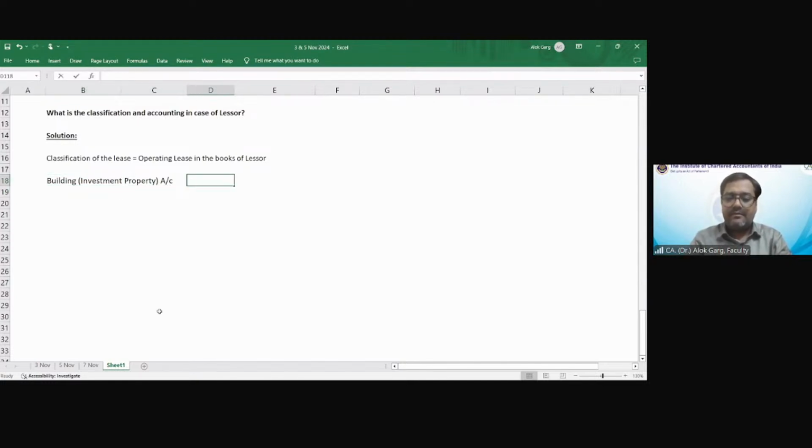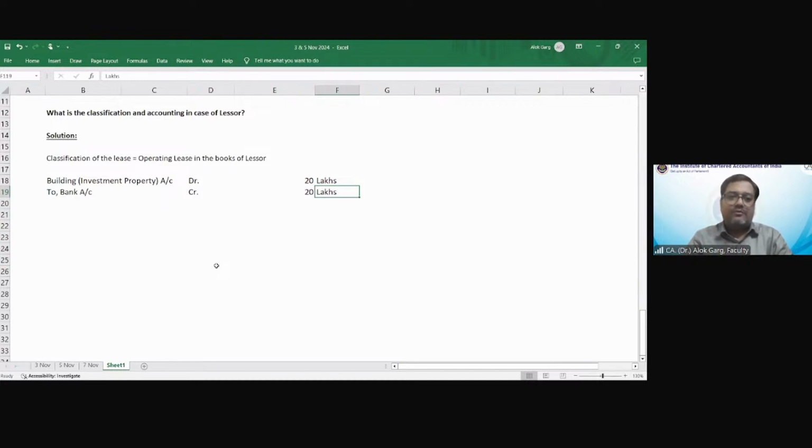Because it is given on rent; the purpose is to earn rental. The lessor is the owner of this property. What is the value? 20 lakhs is the value.